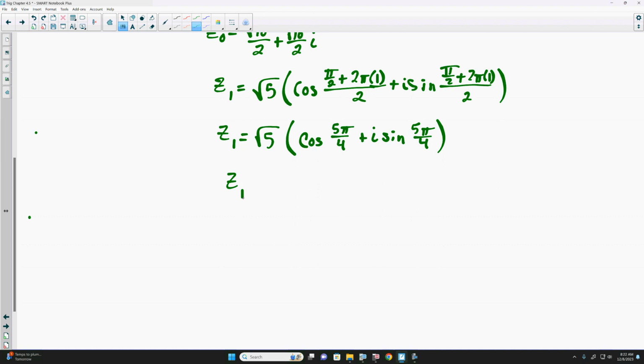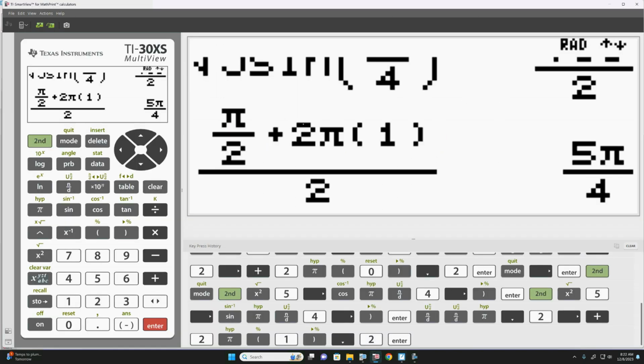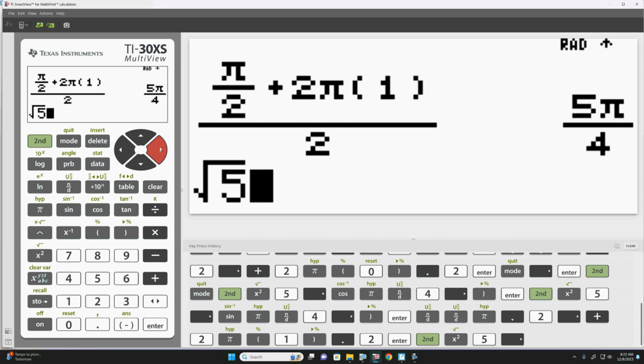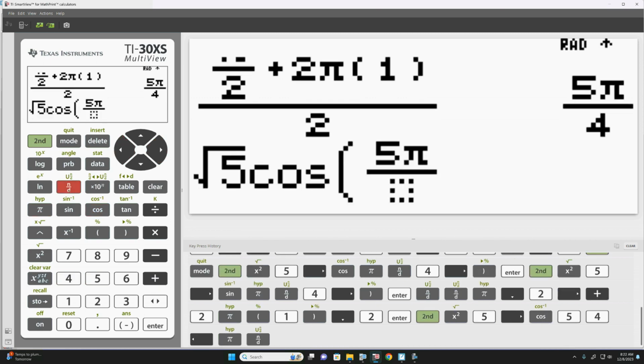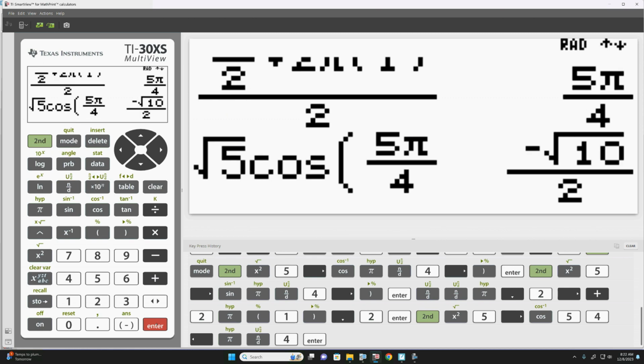And lastly, we can multiply this out. So we'd have the square root of 5 times cosine of 5 pi over 4, which is negative square root 10 over 2.